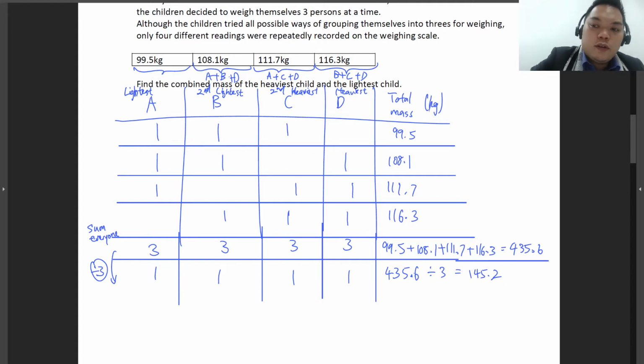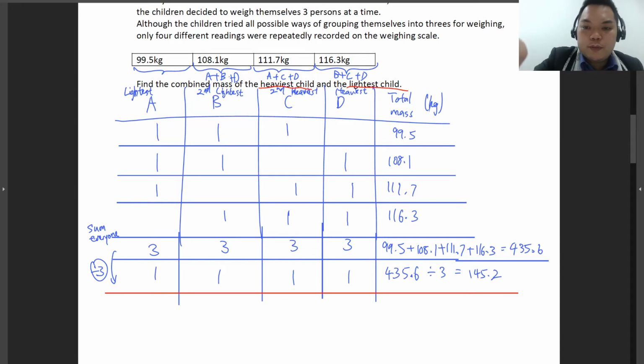How are we going to use this to find out the mass of the heaviest and the lightest child? To do this, we will first take everyone, and to find the lightest child, we will get rid of everyone else that is not relevant, which is your B, C, and D.